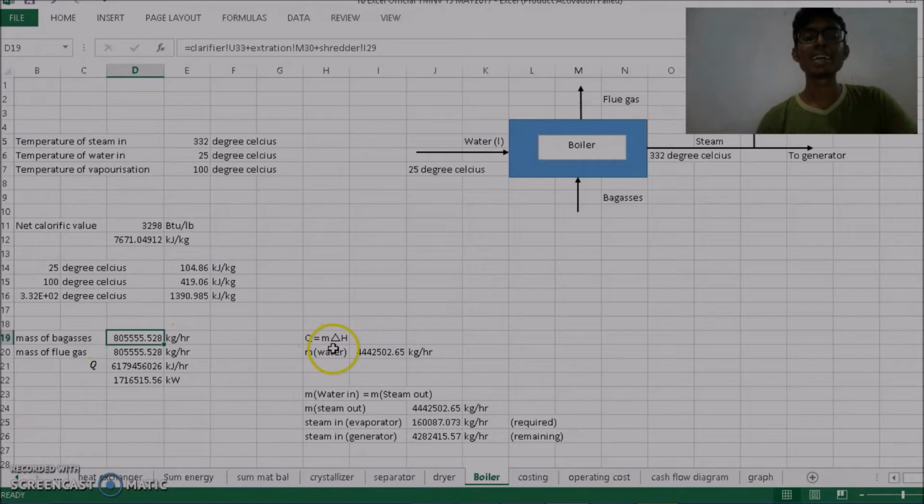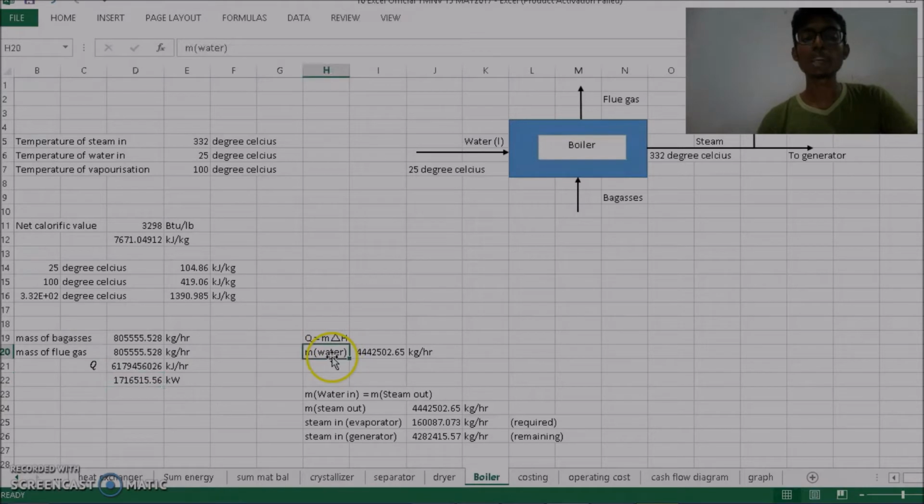So we're using Q equals M delta H. The delta H we already got from here. The Q we find from here, so Q is actually M, this mass of bagasse, times the net calorific value. So we get Q in kJ per hour. If you want to change to kilowatt, you also can.